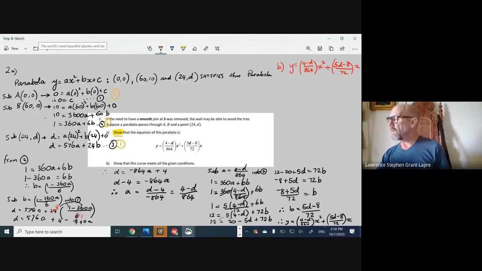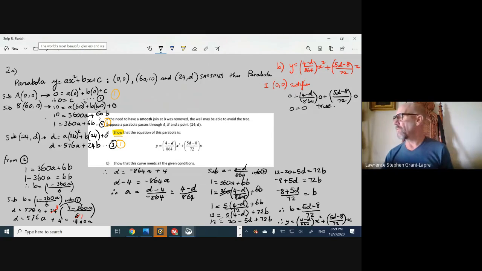Let's put 0, 0 in there. So 0, 0 is criteria 1. Let's test that. 0 equals 4 minus D over 864 times 0 plus 5D minus 8 over 72 times 0. 0 equals 0. True. Okay, so that's true.